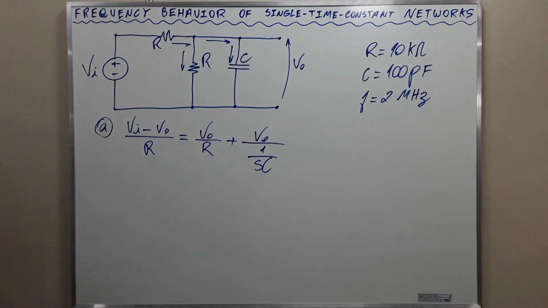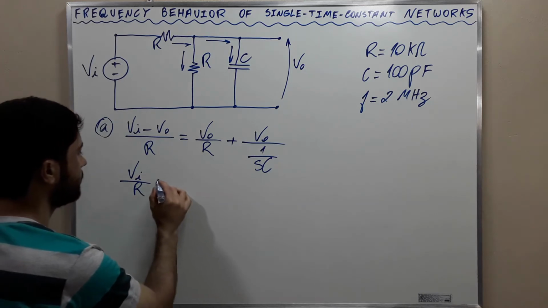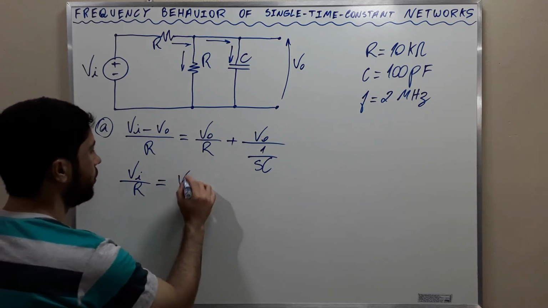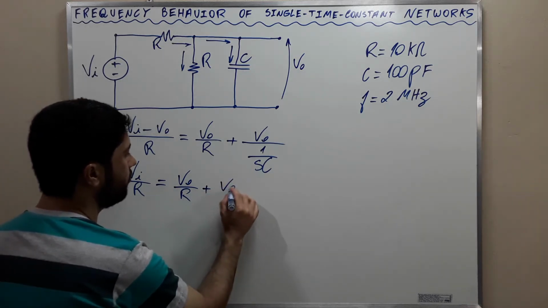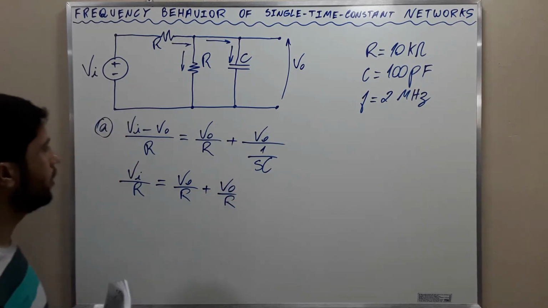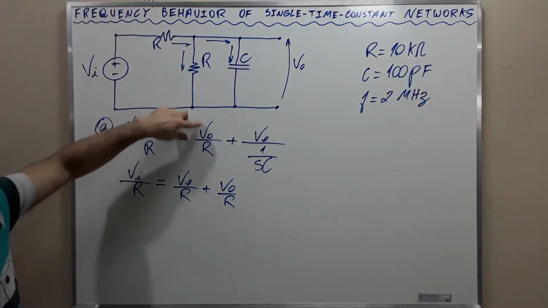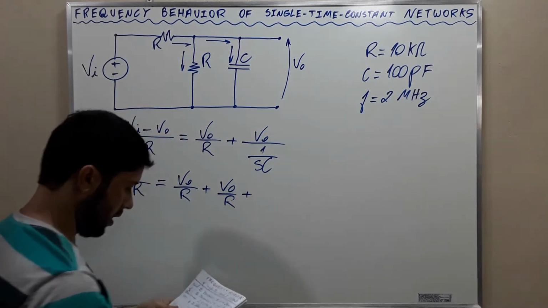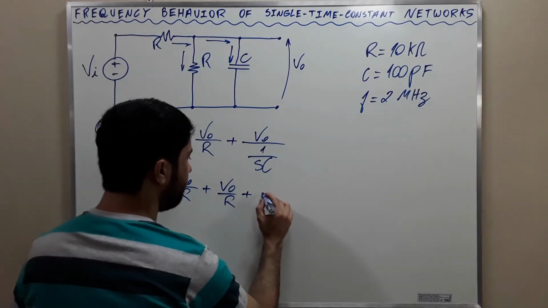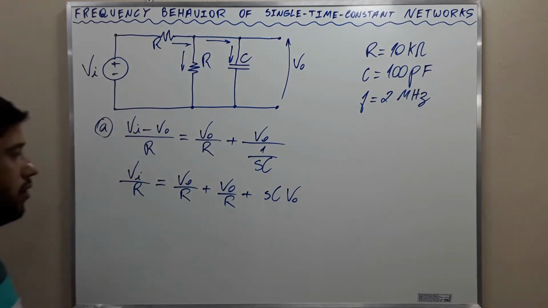So let's move on. We are going to separate this. VI divided by R is going to be equal to V0 divided by R plus V0 divided by R again, because we have V0 divided by R here, and we have V0 divided by R here. And here we're going to have SC times V0.